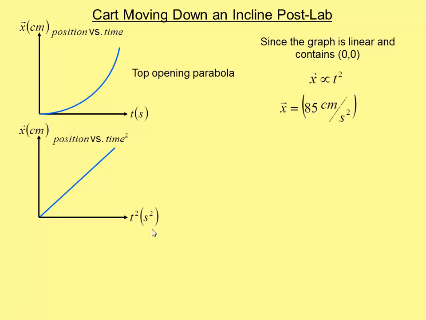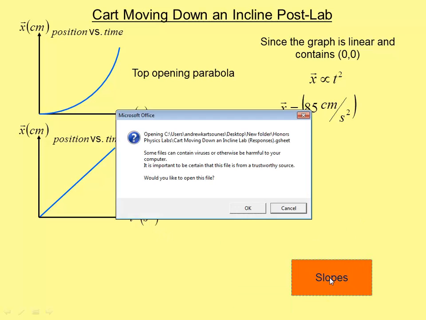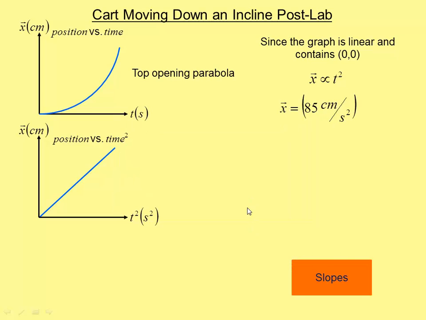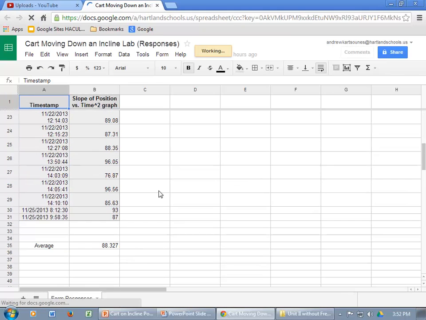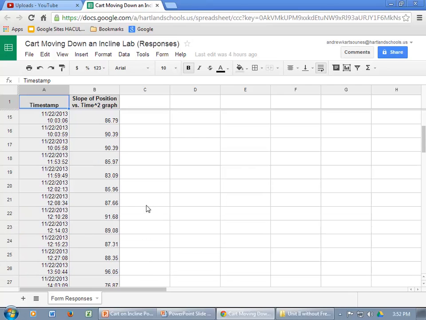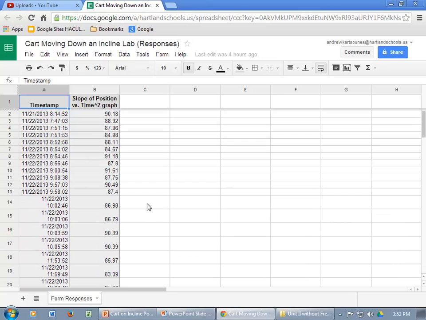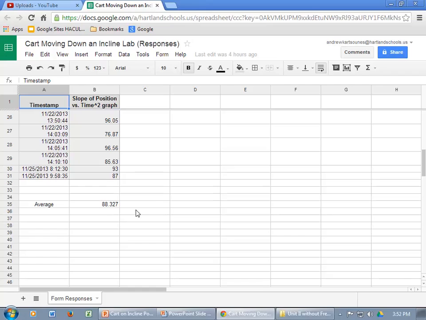Now, just to give you a little evidence here that that isn't just some made-up number, let's take a look at the Google form into which you entered your slopes. I have 31 different values here that were entered in back in 2013. And if you look here, the class average or the honors physics average was about 88.327.